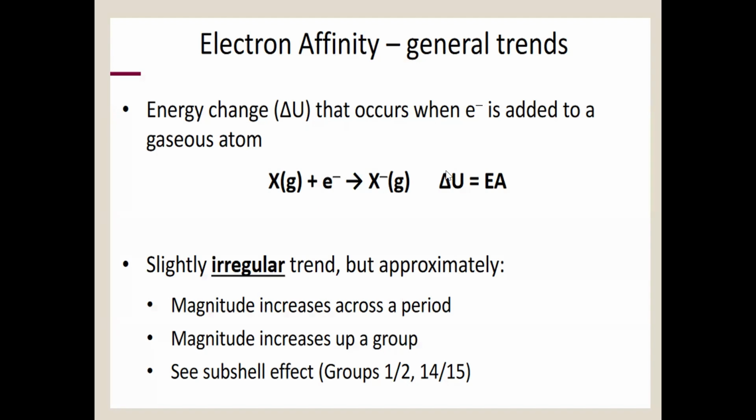So it's the energy that occurs when an electron is added to a gaseous atom. If we have an X atom in the gaseous state and it accepts one electron, it will turn into X minus, and there is an energy called electron affinity.